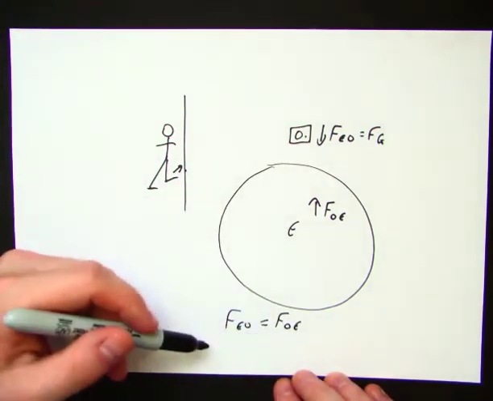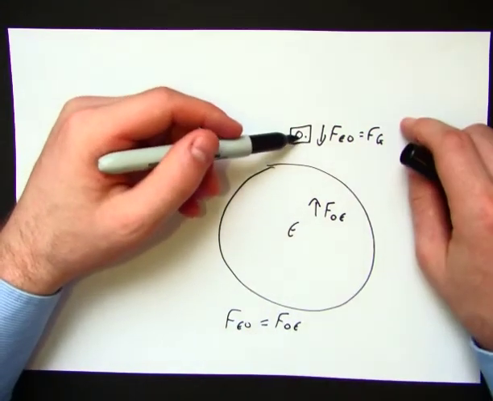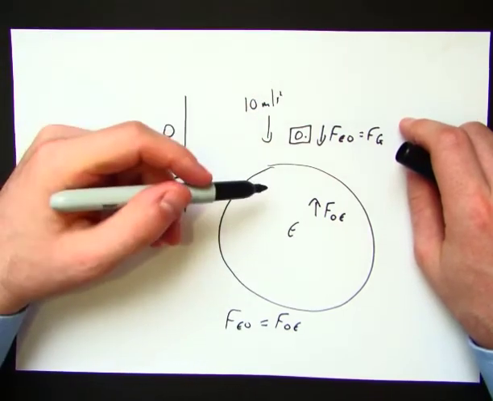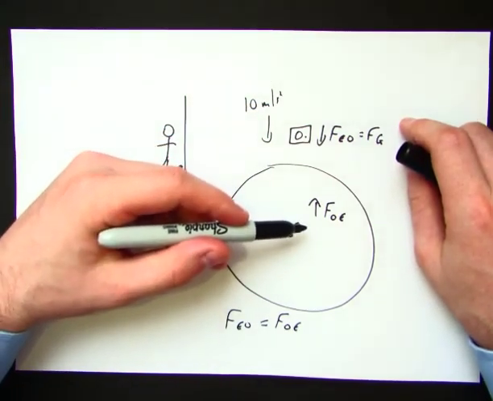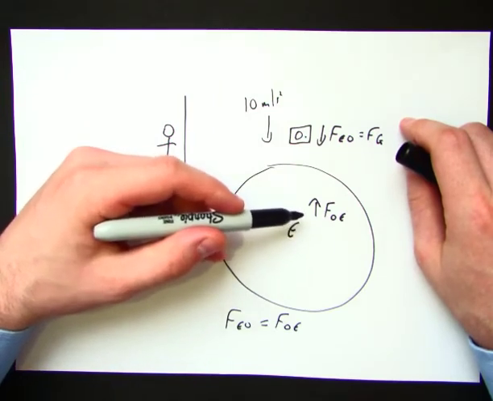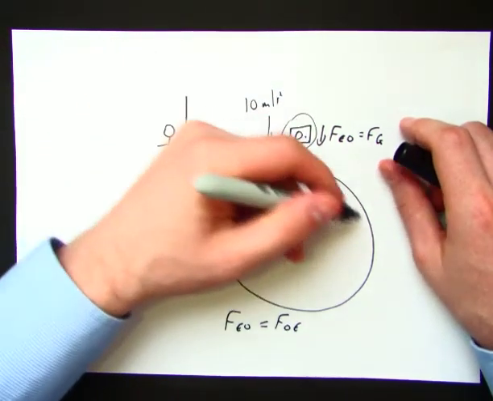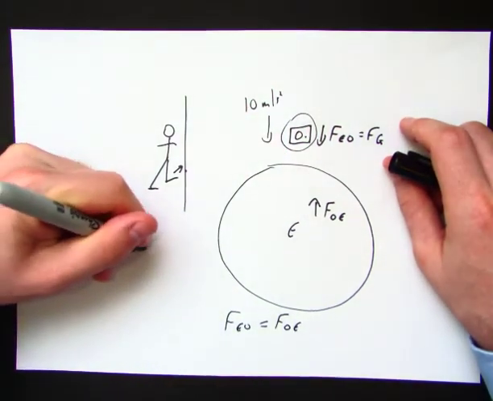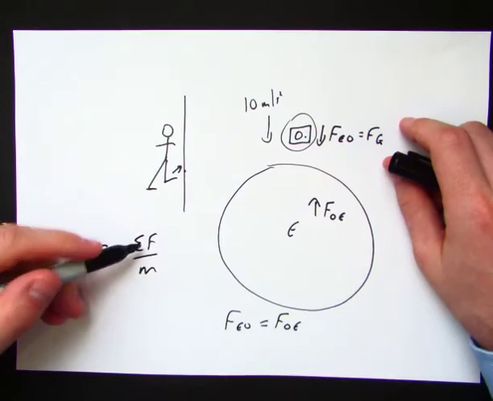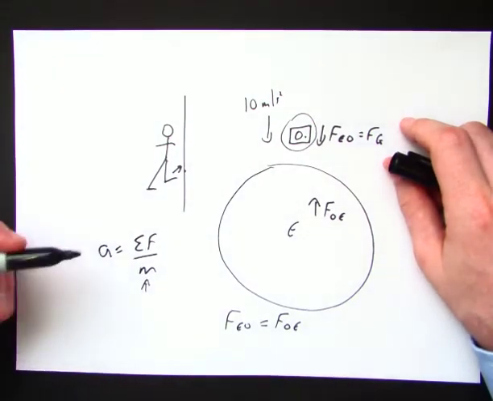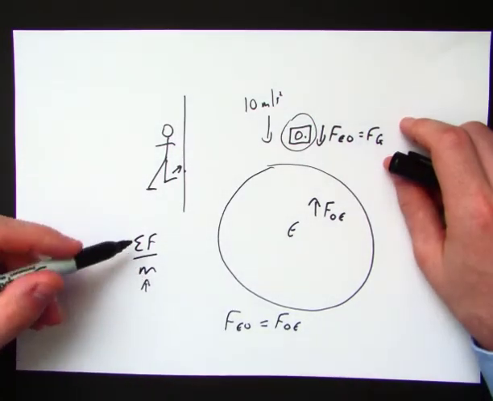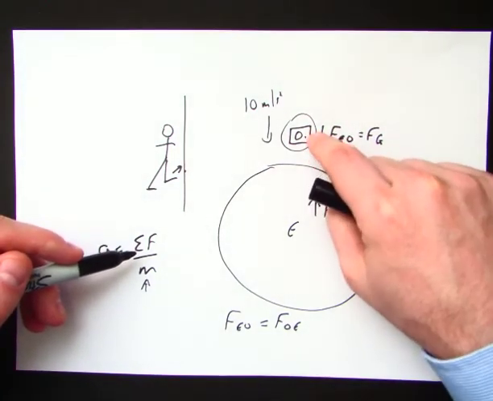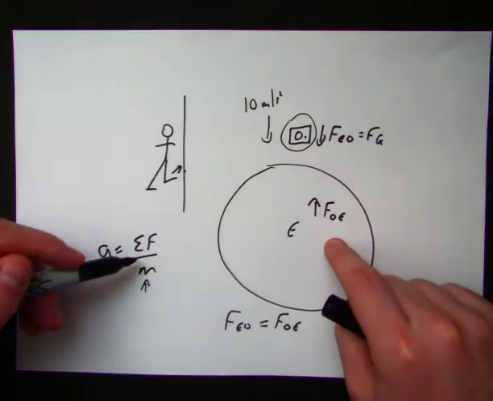A lot of people don't see that. Well, wait a minute. This object we can see accelerates at around 10 meters per second squared. Why don't we notice the Earth accelerating? Well, there's a big reason for that. This has a force acting on it. This has the same force acting on it. But recall that the equation is net force divided by mass. Well, if they each have the same force acting on it, and that's the only force, that would be the net force on this object or the net force on the Earth.